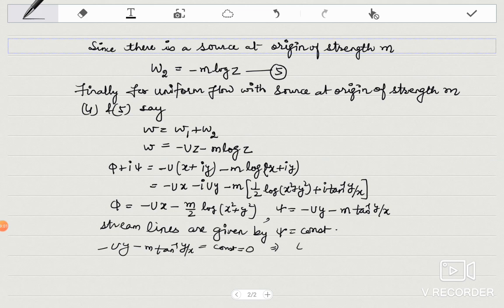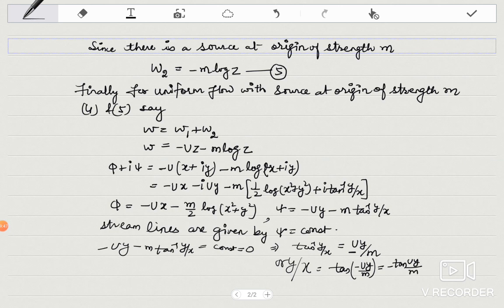This implies tan inverse y upon x is equal to minus Uy upon m, or y upon x is equal to tan of minus Uy upon m, which is minus tan Uy upon m.